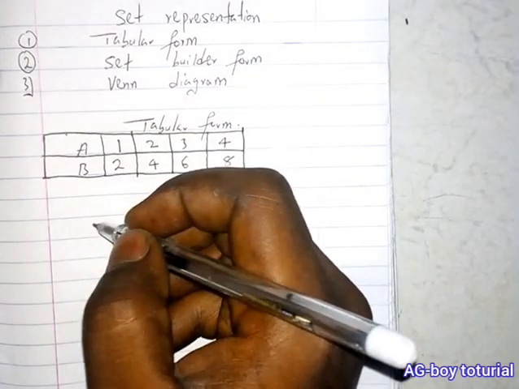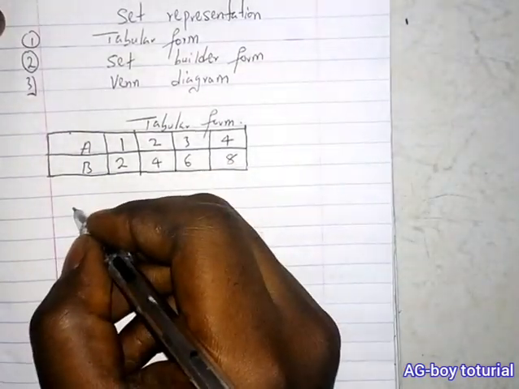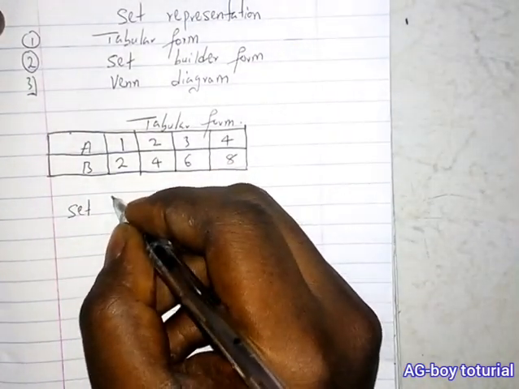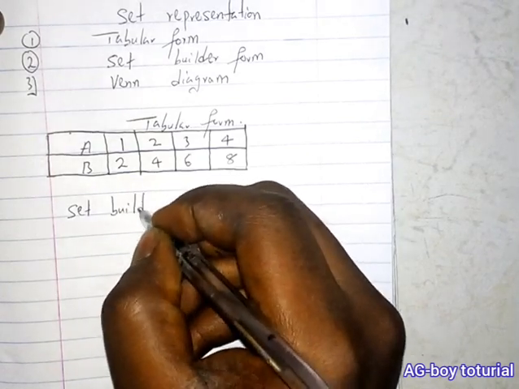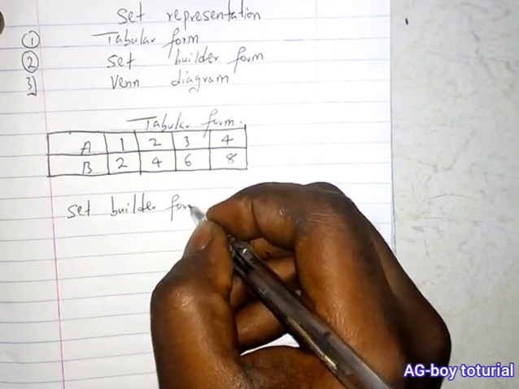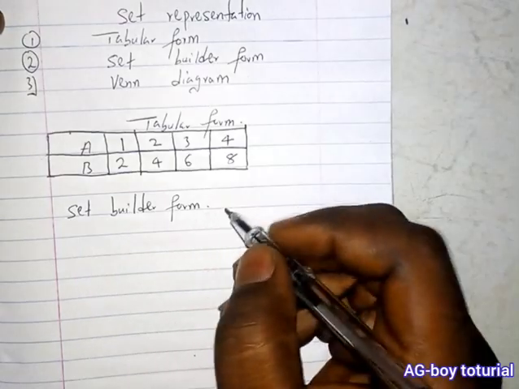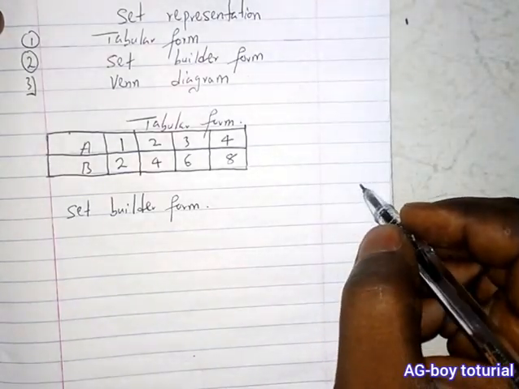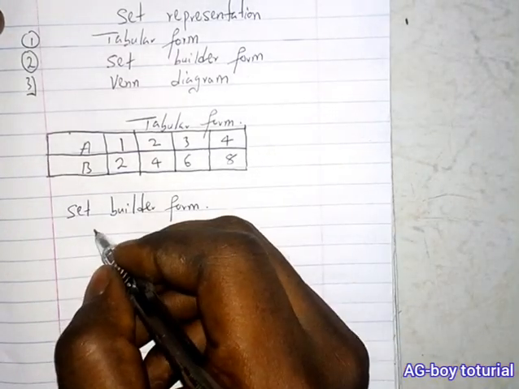For set builder form, it looks like this.